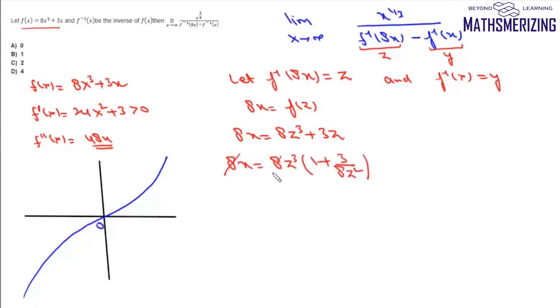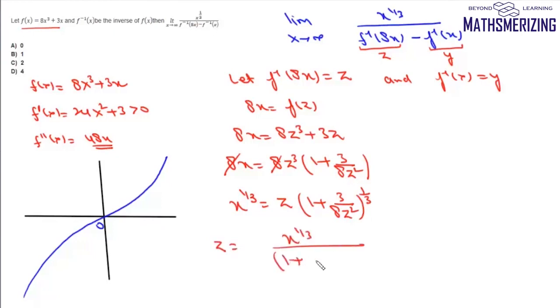Now we'll cancel this 8 with 8 and we'll take cube root both sides. We can write x to the power 1 by 3 equals z (1 plus 3 upon 8z square) to the power 1 by 3, or we can express z as x to the power 1 by 3 upon (1 plus 3 by 8z square) to the power 1 by 3.